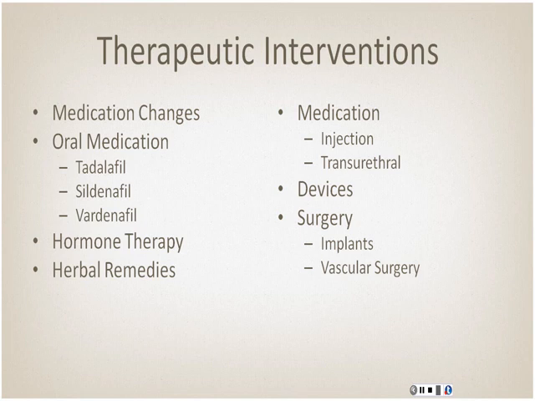Other medications, there are injectables that can be injected directly into the penis. They're pretty much painless, and they can produce natural types of erections. And then there's transurethral types of suppositories that can be inserted into the urethra, which also can cause natural type of erections fairly quickly.